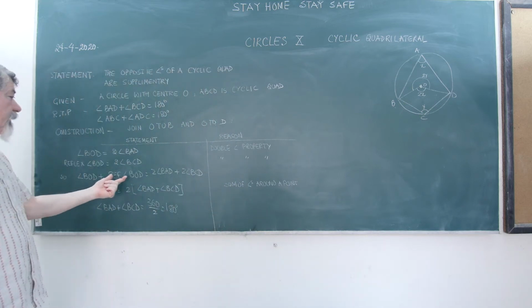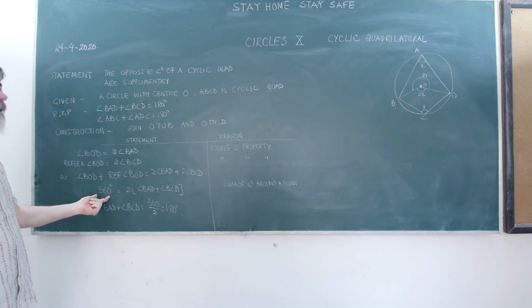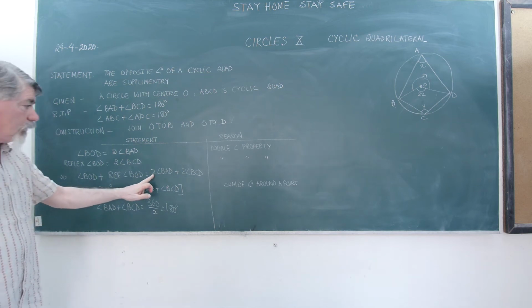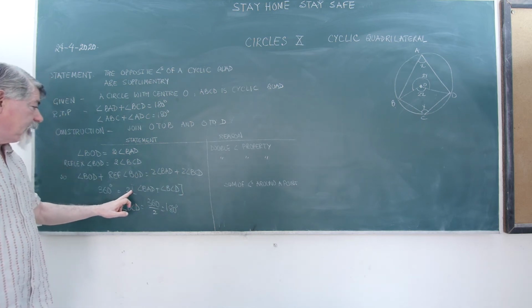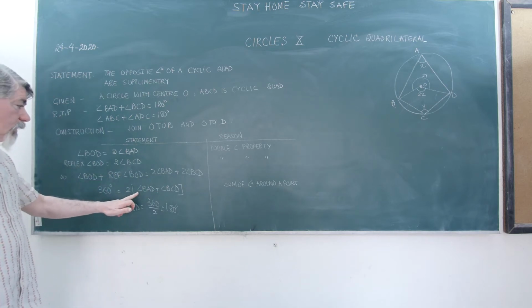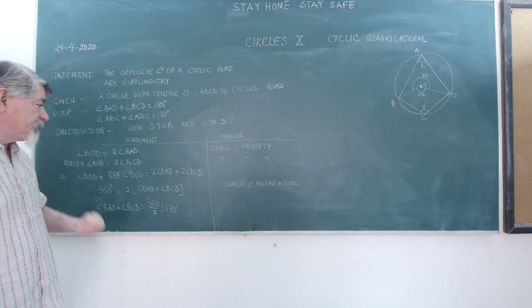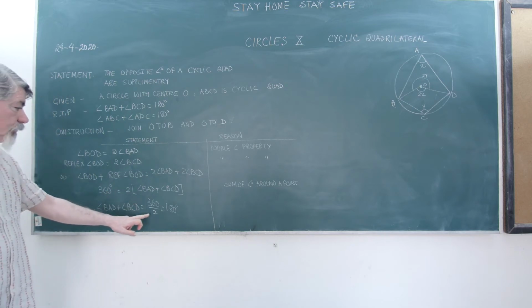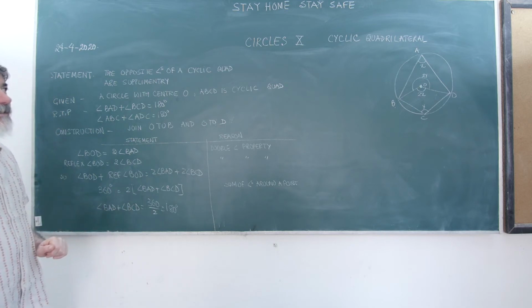So BOD plus reflex angle BOD is 360 degree. Out of this I can take 2 common, so it will be left angle BAD plus angle BCD. So what will be the sum of angle BAD plus BCD? 360 by 2, that is 180 degree.